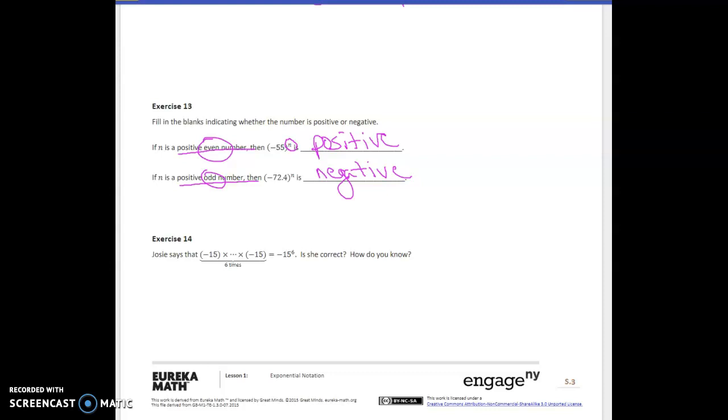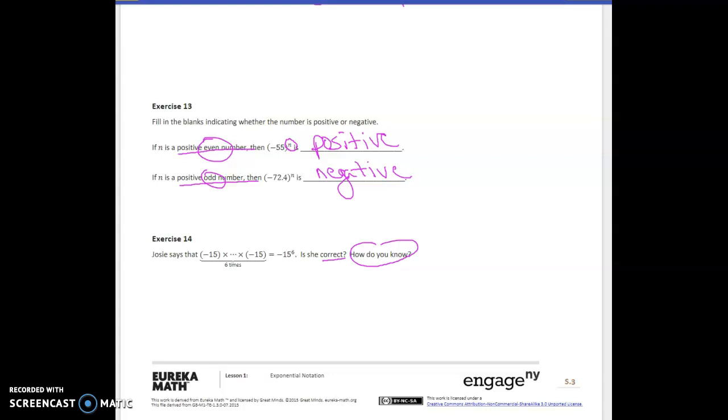Last example. Josie says that negative 15 times itself 6 times equals negative 15 to the 6th. Is she correct, and how do you know? If I pause for a second, you might think that, yeah, we're multiplying by itself 6 times, so that is negative 15 to the 6th.